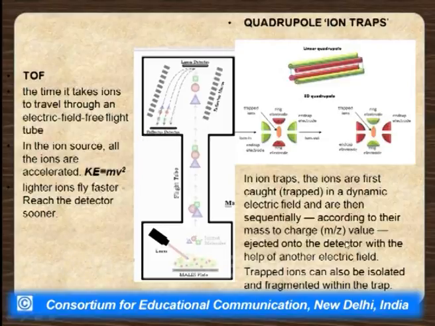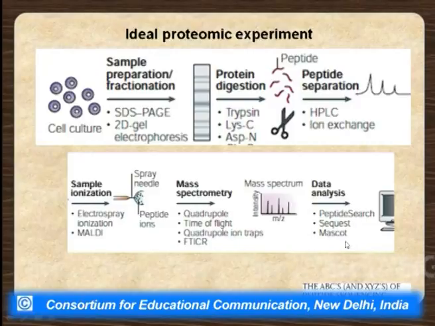And quadrupole ion traps. So, this is how an ideal experiment will look like, and we will discuss how we have to prepare the sample and give the sample for ionization and analysis.